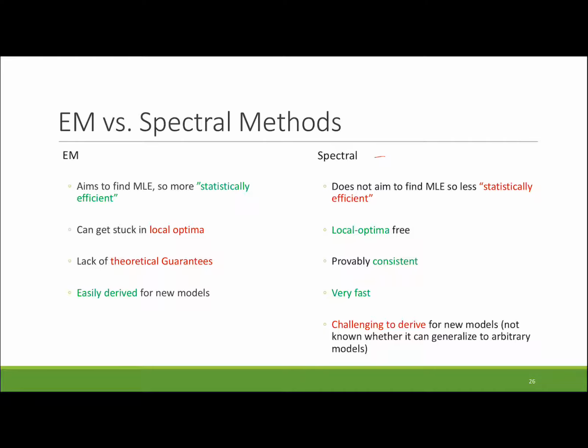EM does not have any theoretical guarantees, whereas we do have proof of consistency for spectral methods, and we showed that it's faster than EM. But EM is easily derived for new models, whereas with spectral methods you generally don't know how well you can generalize this to new unseen models.